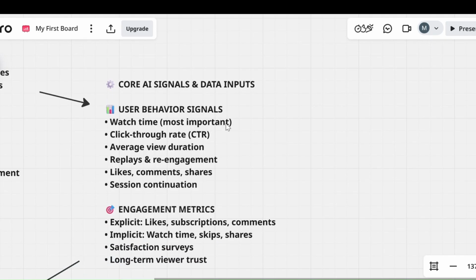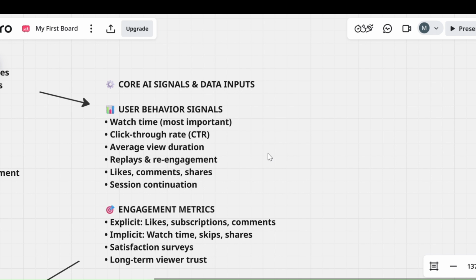After the network architecture system and the two processes are complete, the next step, core signals and data inputs, is watch time. How many viewers watch your video, the click-through rate (CTR), average video duration, replay and re-engagement.